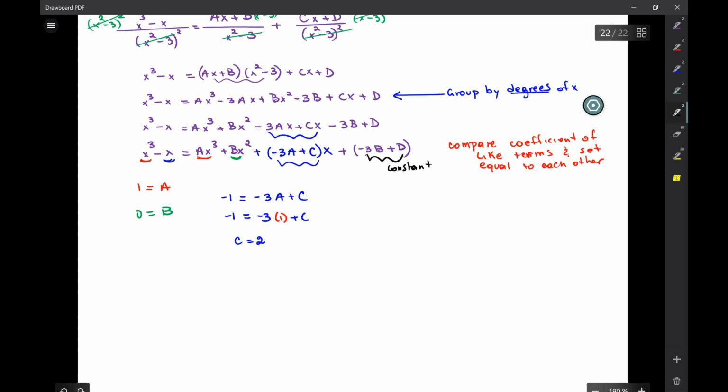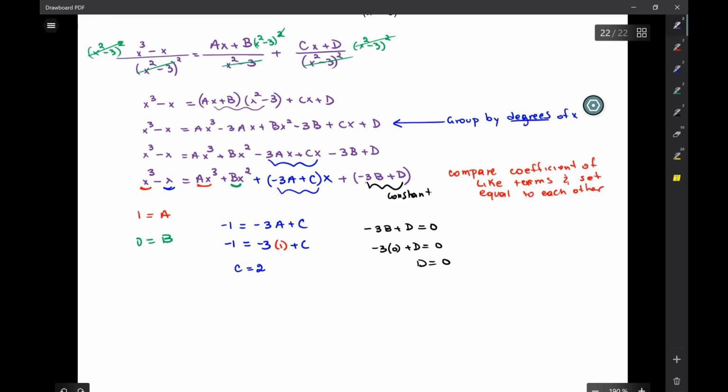Okay, what's the constant on the left-hand side? 0. So I say negative 3b plus d is equal to 0. But how much is b? 0. Plus d is equal to 0. So how much is d? 0.